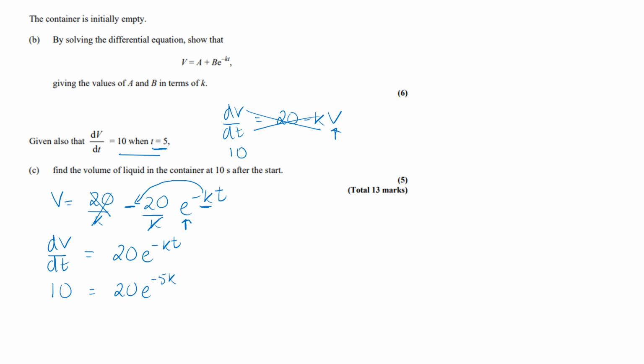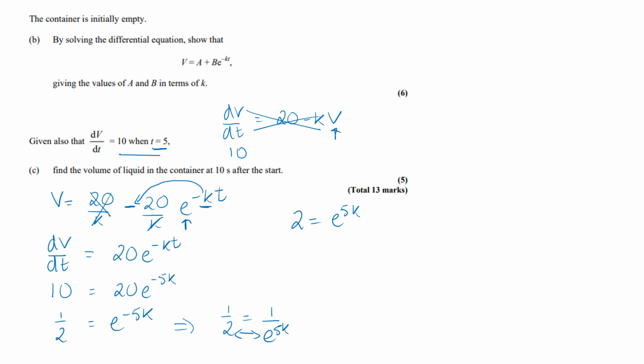Now take the 20 down, so 10 divided by 20 is a half, is equal to e to the minus 5k. Now e to the minus just means that we've got a half is equal to 1 over e to the 5k, because minus just means it's underneath, and then that denominator has to equal that denominator, so we can say that 2 is equal to e to the 5k.